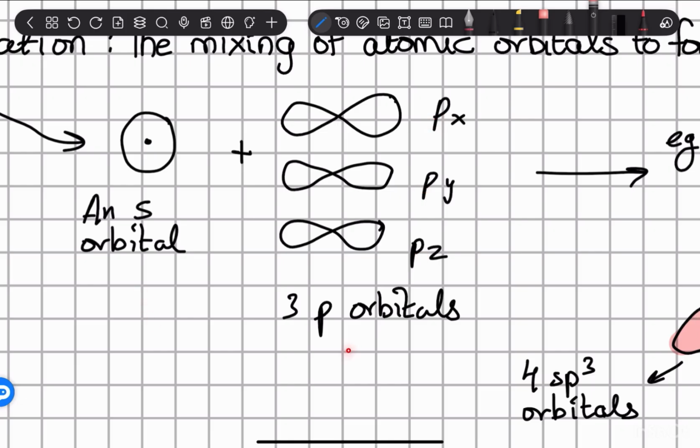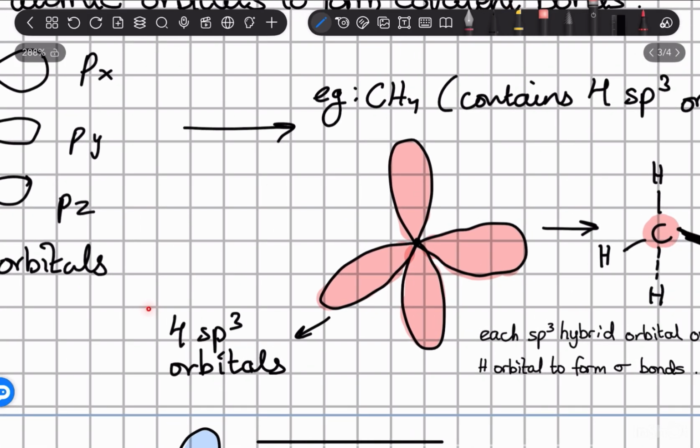And 1 plus 3 will give us 4, right? So we get 4 of these sp3 orbitals. This is how the sp3 orbital looks. It's a tetrahedral shape, and I will see if I can include an image of a tetrahedral molecule.